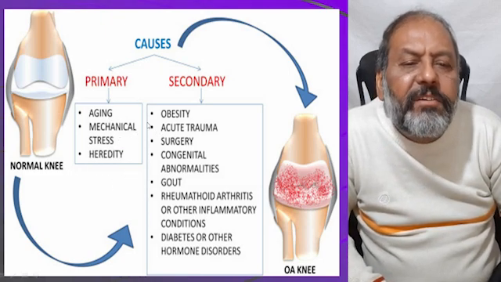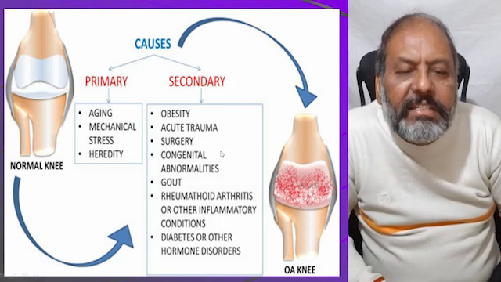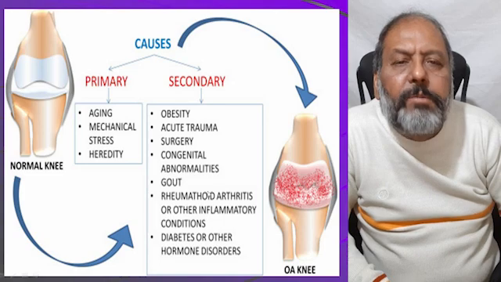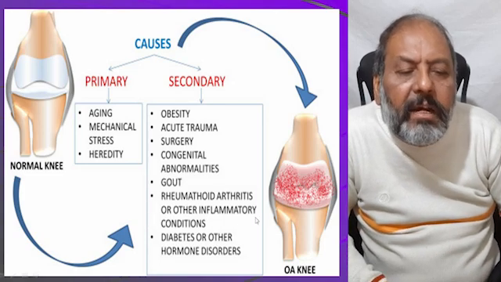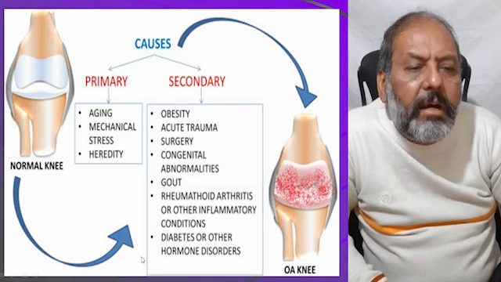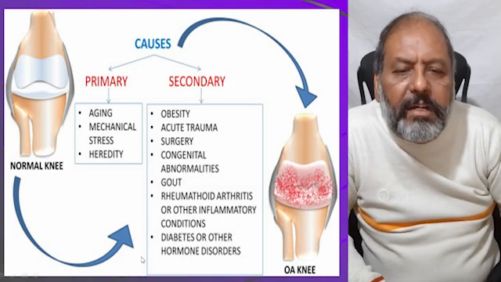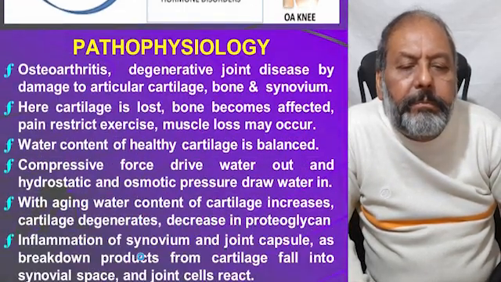And the secondary causes are obesity, acute trauma, surgery, congenital abnormalities, gout, rheumatoid arthritis or other inflammatory conditions, diabetes, or other hormone disorders. So these are the main causes, primary or secondary.